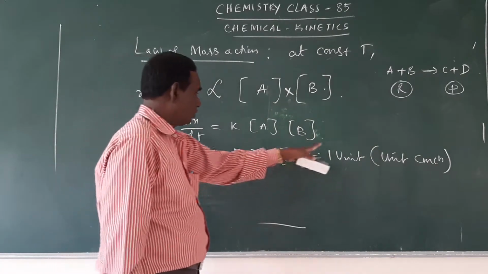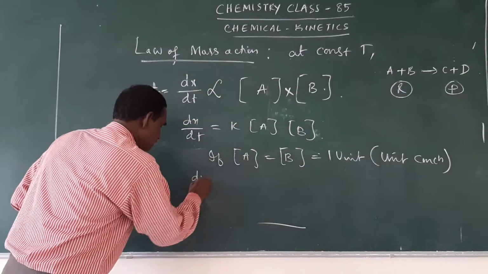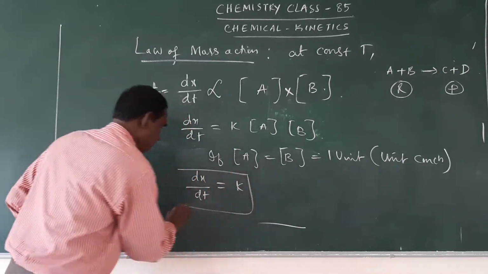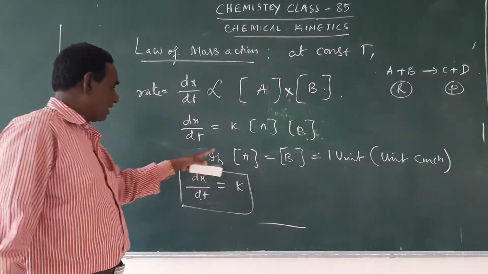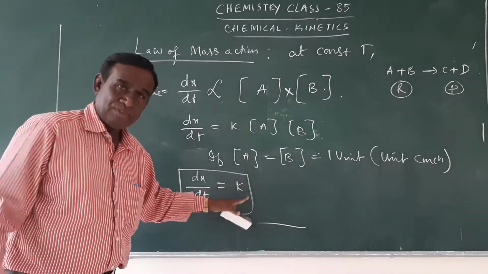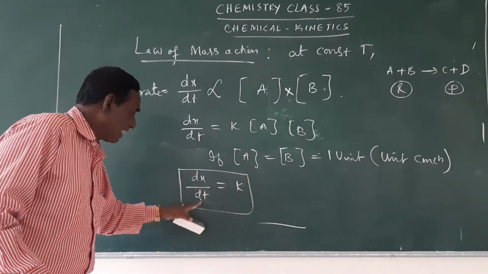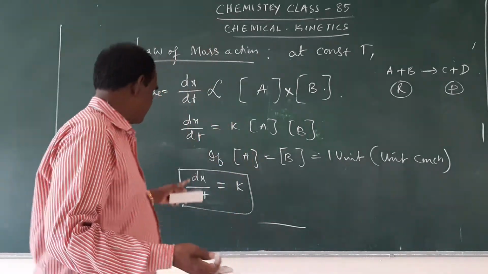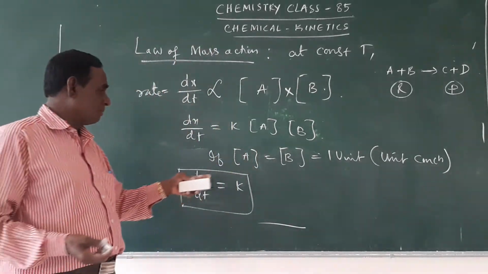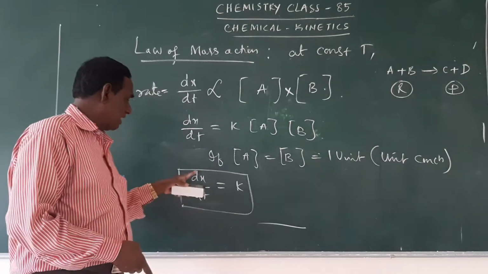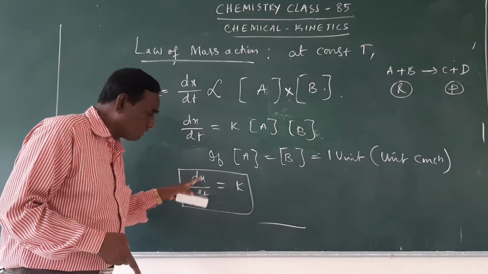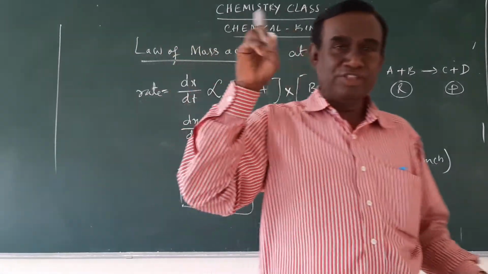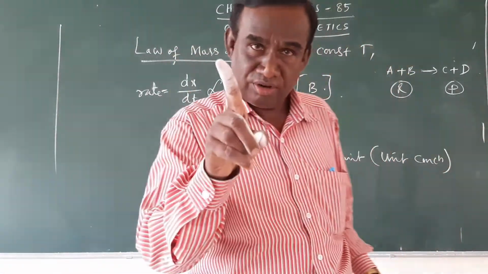Dx by dt is equal to K into 1 into 1, that means K itself. Therefore, the rate constant K is defined as the rate of a chemical reaction at unit concentration of the reactants, that is, when the concentration of the reactant is equal to 1 unit.